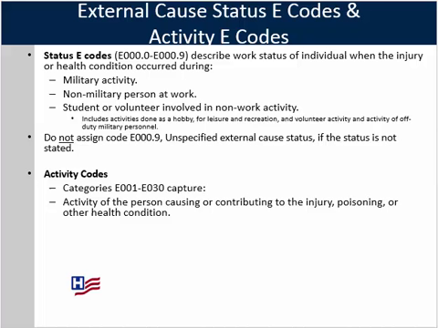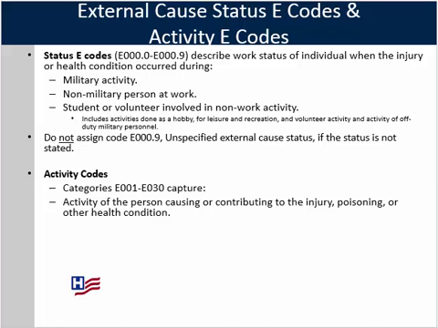Do not assign code E000.9, unspecified external cause status, if the status is not stated. Assign a code from categories E001 to E030 to describe an activity that caused or contributed to an injury, poisoning, or other health condition.